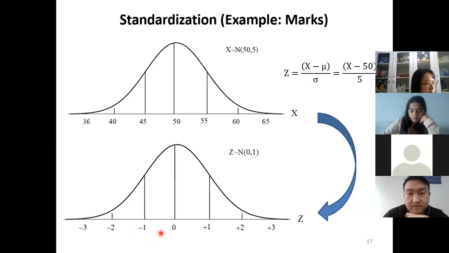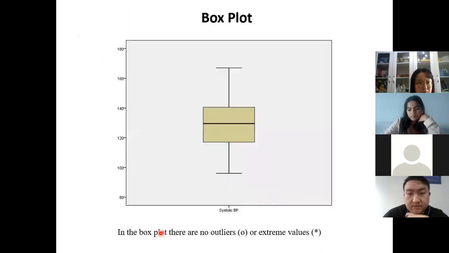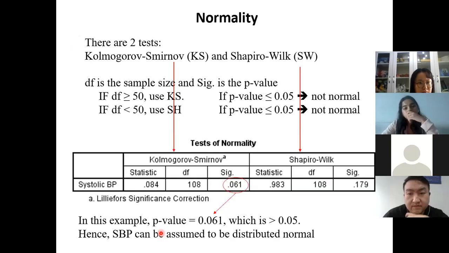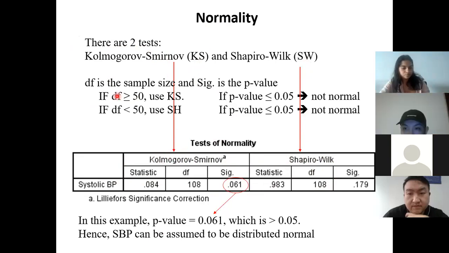And the last one, is it normally distributed? Later, we have this table output. Right? There are 2 tests. We can see one test is Kolmogorov-Smirnov, KS. Another test, Shapiro-Wilk, SW. Which test you use depends on sample size.